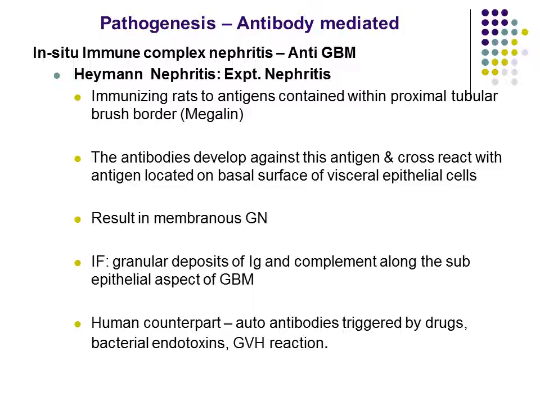Immunofluorescence will show granular deposits of immunoglobulins and complement along the subepithelial aspect of the glomerular basement membrane. In humans, you can see autoantibodies triggered by drugs, bacterial endotoxins or graft versus host reaction, showing a similar kind of pathogenesis.